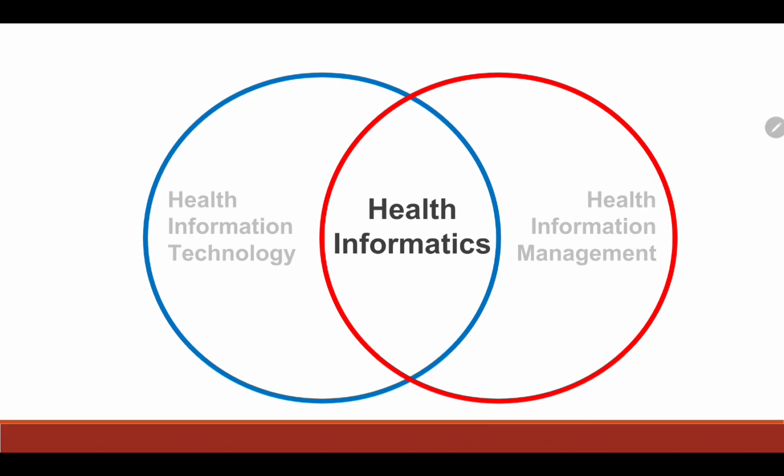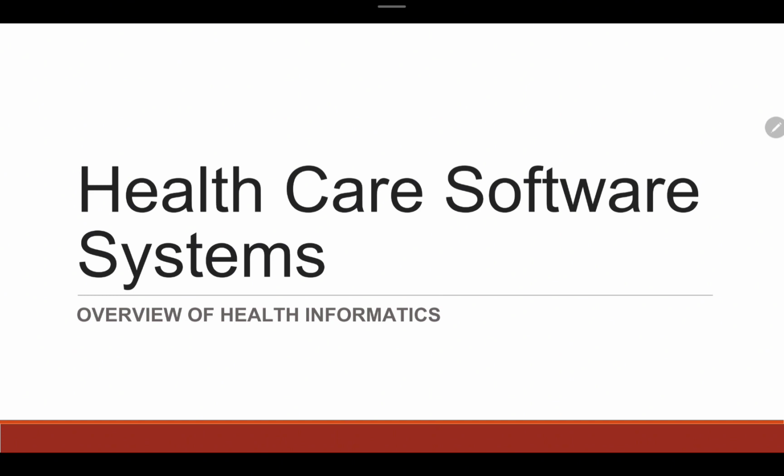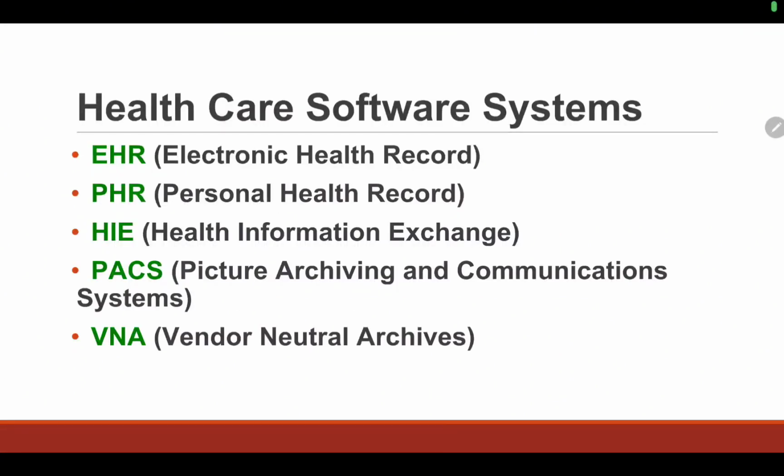Okay? So since we have a brief idea of what health informatics is, let's talk about the different healthcare software systems. Okay, so these are the healthcare software systems that are utilized in our current era. Please be familiar with the meaning of the abbreviations of these words.